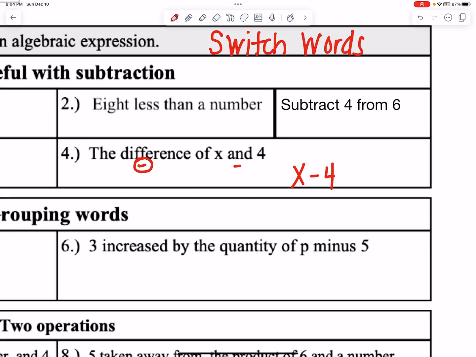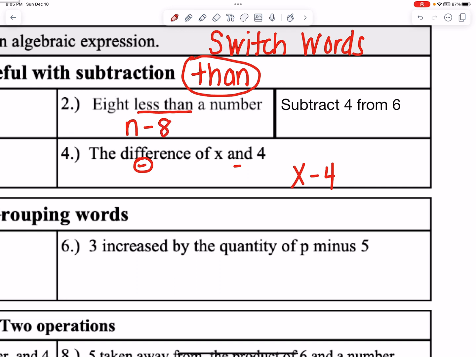Now, the ones to pay attention to are in row 2 here. So we have 8 less than a number. Now, when you have less than, this is one of your switch words. So pay attention to that. Because if we have 8 less than a number, we're talking about an original number. So that means the n has to go here, and we have 8 less than that.